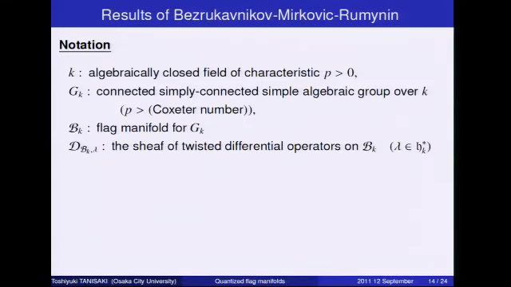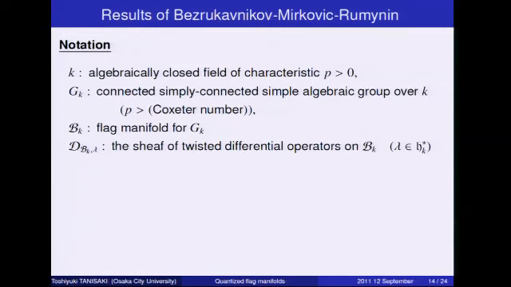K is an algebraically closed field of characteristic p, and G_K is a corresponding algebraic group, a simply connected, simple algebraic group over K. And I assume that p is greater than the Coxeter number. And I denote by B_K the corresponding flag manifold for G_K. And then I have a sheaf of twisted differential operators on B_K, D_{B_K}^lambda. In the ordinary case, the twisting parameter lambda is in the dual of the Cartan subalgebra, h star.